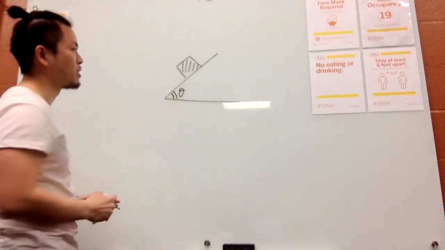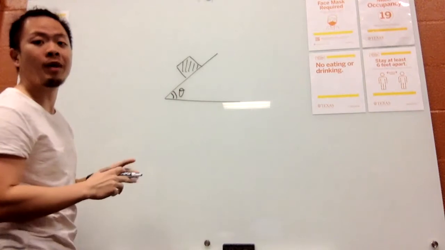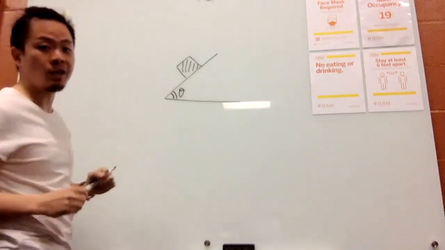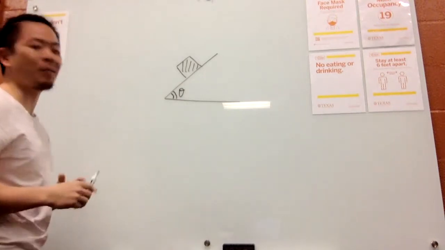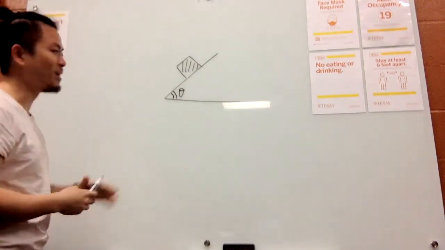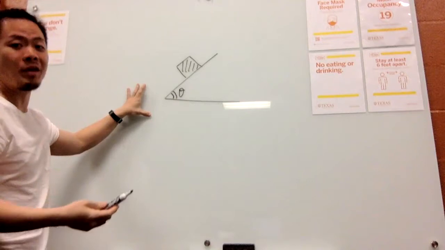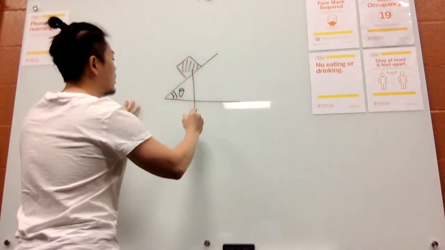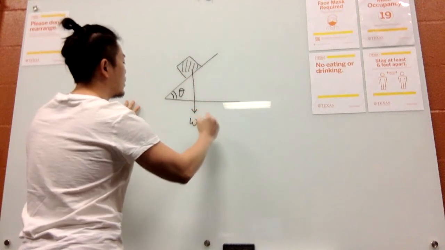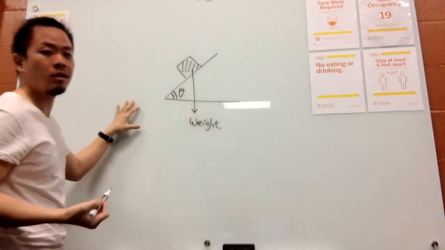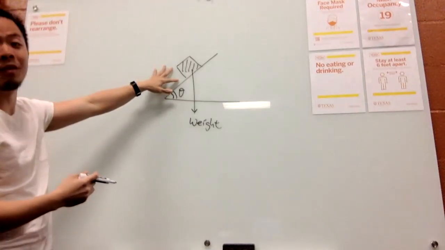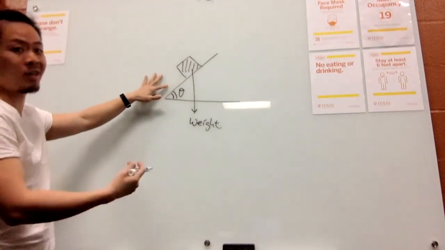So the first thing in drawing a free body diagram is to list all the forces in this situation. So think about how many forces you can think of on this diagram. The first thing would be the weight of the object, right? Weight. And also, the block is not sliding down because there is friction.